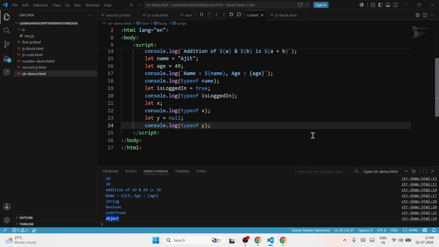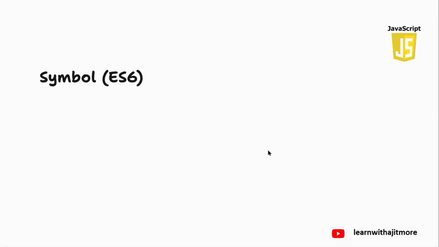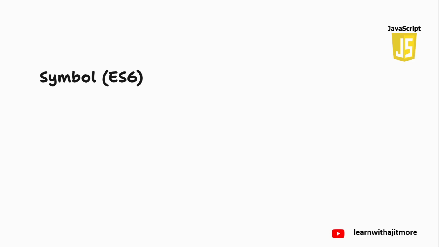Array comes under the object category. Okay, you can create your own objects. They are also objects. Date comes under object. Getting? So a lot of things come under the category object. So null is also automatically treated as object. Okay, clear?